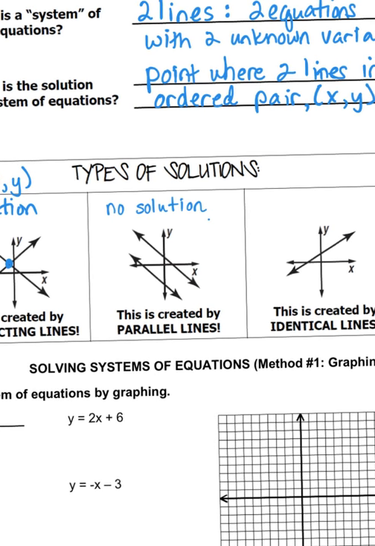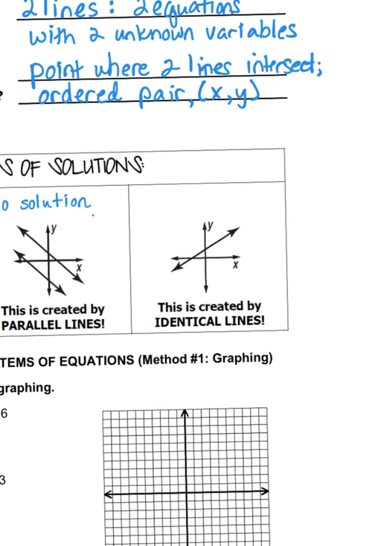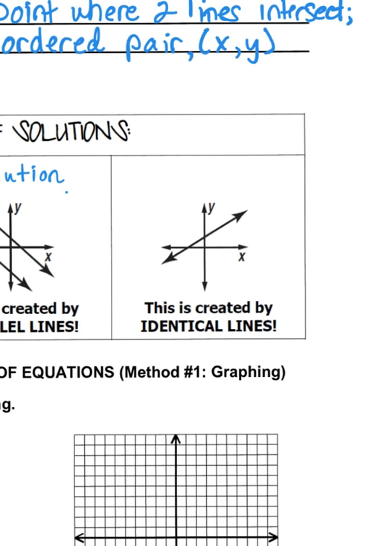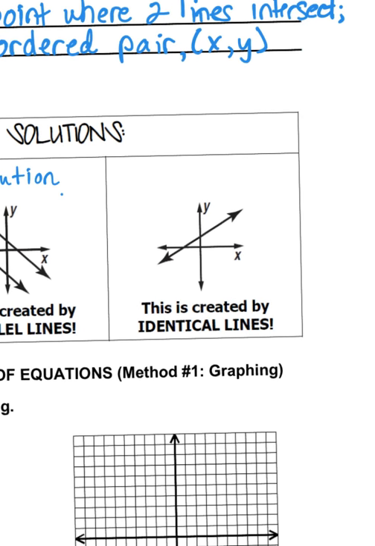Then our last set over here to the right, you can't really tell, but you actually have in this picture two identical lines. So when you have two equations with two lines and they end up being the same line, I'll show you some examples in a minute, this would be called infinitely many solutions.